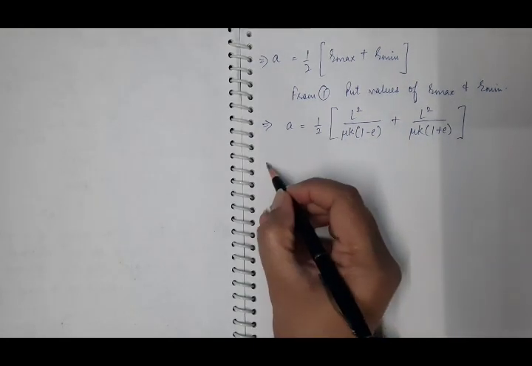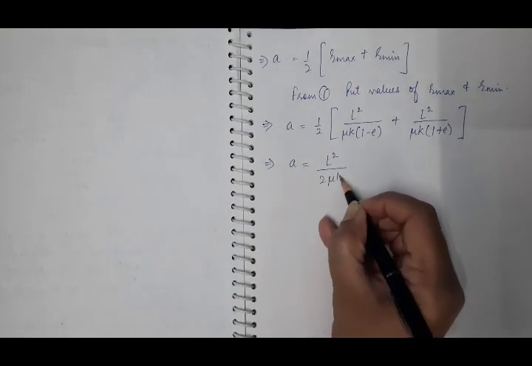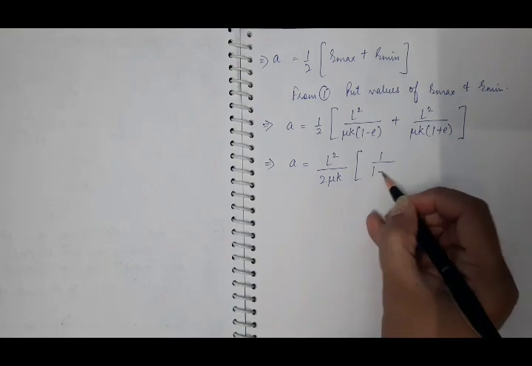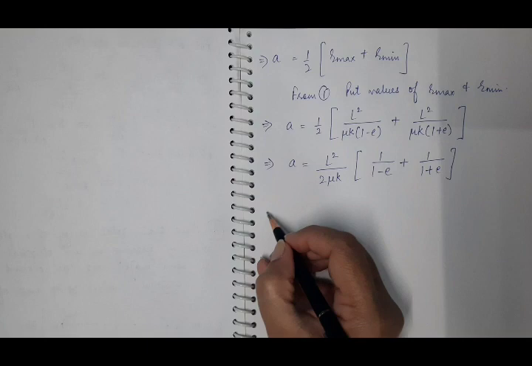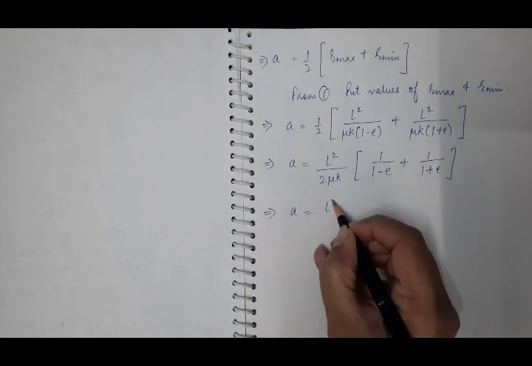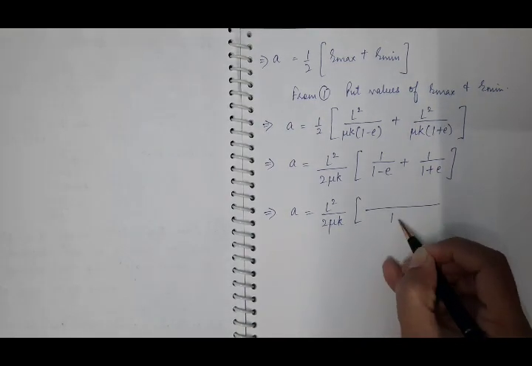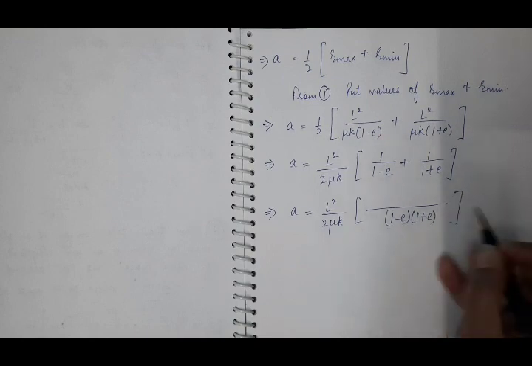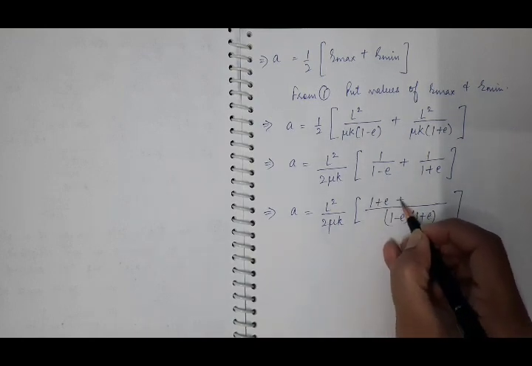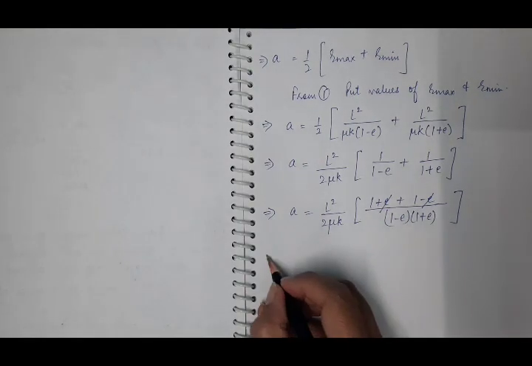Now take L square by mu k common. So we have L square by 2 mu k outside the bracket, and inside we have 1 upon 1 minus e plus 1 upon 1 plus e. Now take the LCM. It will be (1 minus e) into (1 plus e). And here we will have 1 plus e plus 1 minus e. The e and minus e cancel out, and 1 plus 1 gives 2.